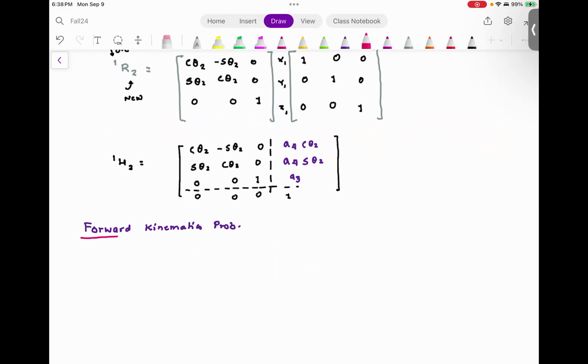So the forward kinematics problem: given joint angles, which are theta 1 and theta 2, find the position of the end effector in the x direction, the y direction, and the z position.